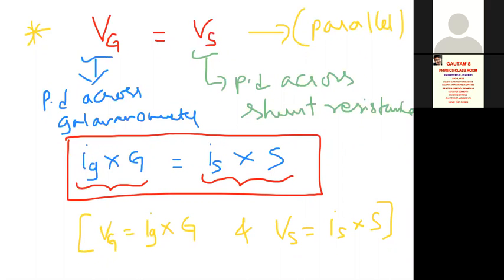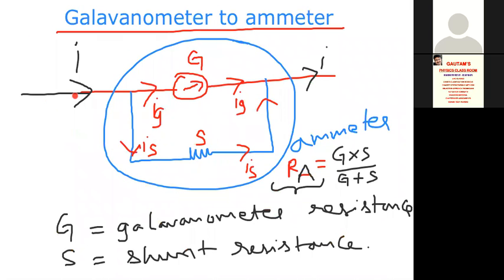Fine. One more beautiful point we can observe from the diagram, beta. From the diagram I observed that the current which is coming here divides as Ig and Is. From Kirchhoff's first law, the sum of the currents flowing towards the junction is equal to the sum of the currents flowing away from the junction. So I can also write one more equation here.